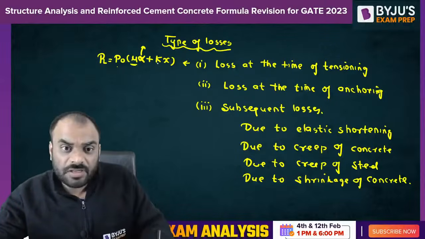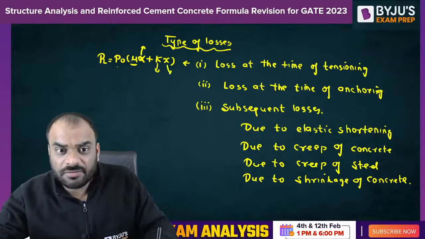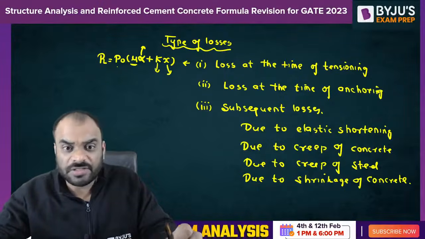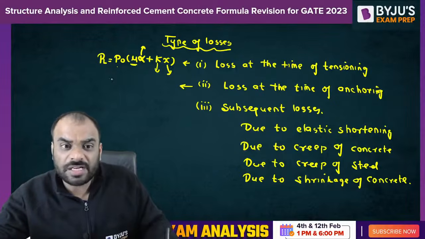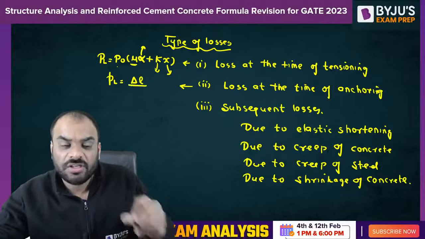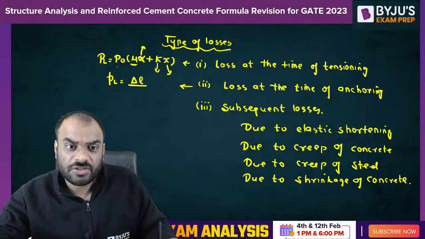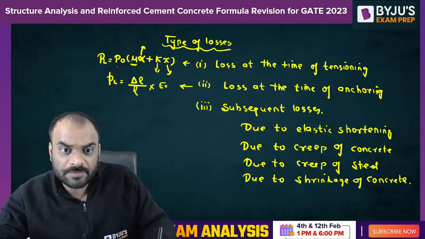K is our constant, and X is the distance to the point of consideration. Now loss at the time of anchoring is basically anchorage slippage. So the loss of pre-stress will be the change in length due to slip divided by L multiplied by ES.